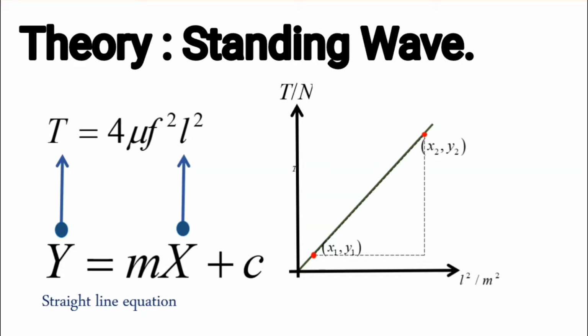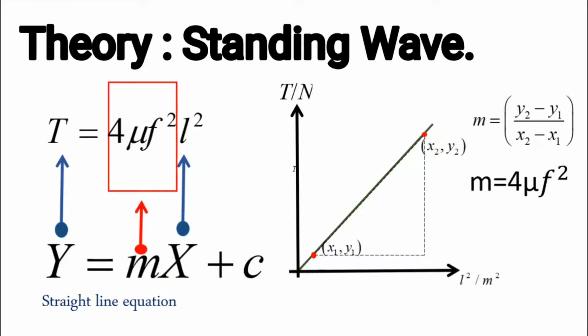The gradient of the line can be calculated using the equation m equal to y2 minus y1 over x2 minus x1, and the gradient of the graph will be 4 mu f squared. Rearrange the equation, you get mu equal to m over 4 f squared.